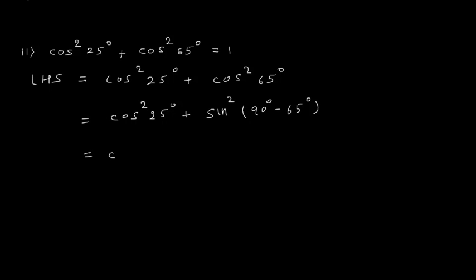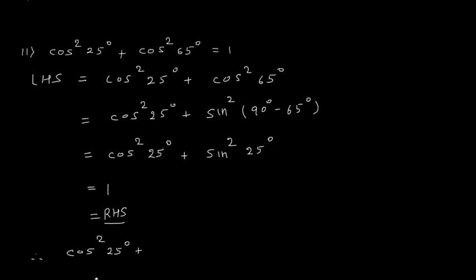So this will become cos square 25 degree plus sin square 25 degree. Now cos square theta plus sin square theta is 1, which is our right hand side. So therefore I will say that cos square 25 degree plus cos square 65 degree is 1.